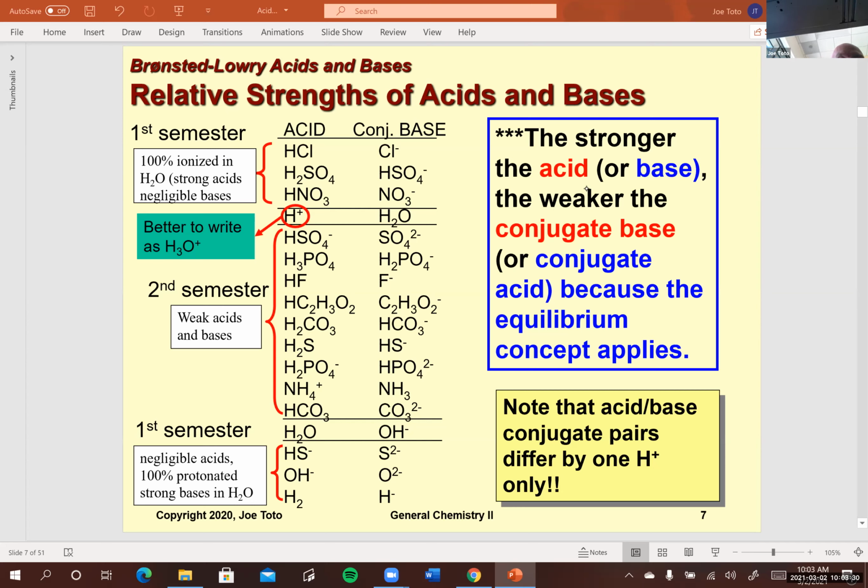And so here I have a list. Here's some strong acids. Here's a bunch of weak acids. And these guys are so weak, they're spectators.